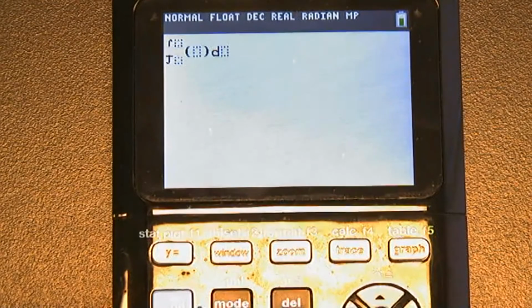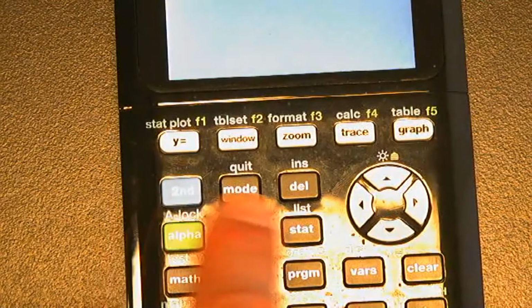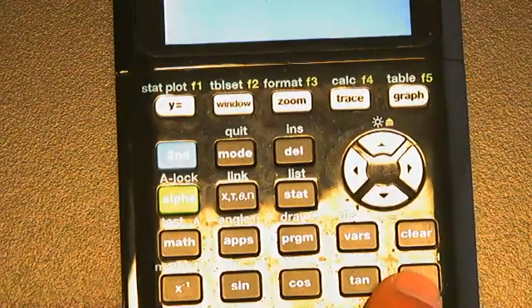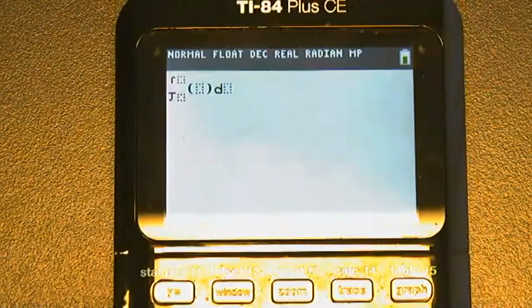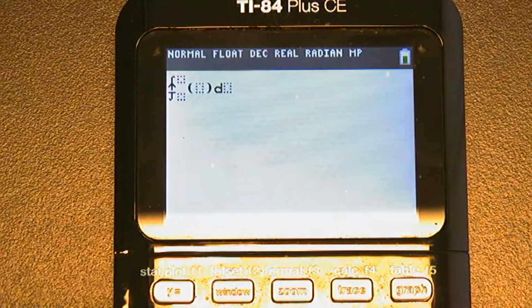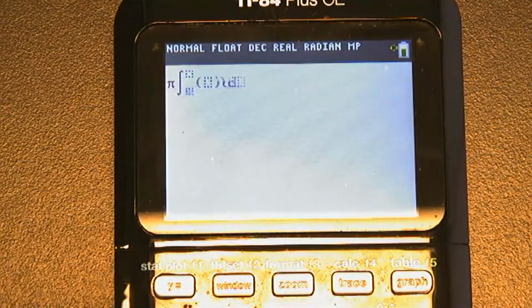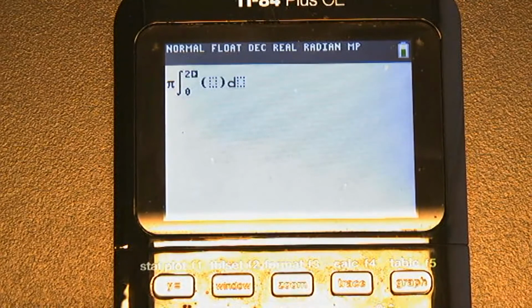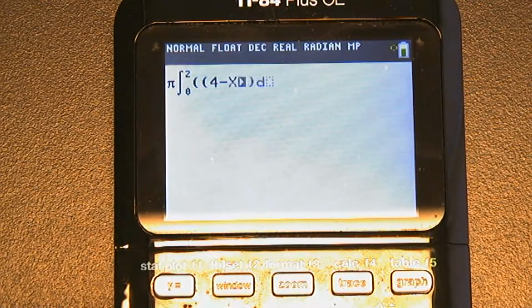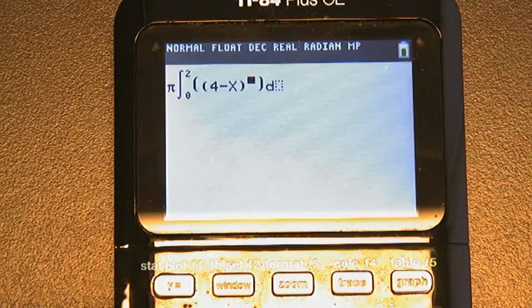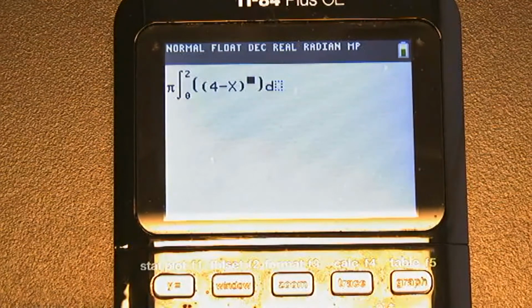So second, insert, and then the pi. I apologize. So we're going to go from 0 to 2. We're going to take 4 minus x squared. Oops. 4 minus x squared.